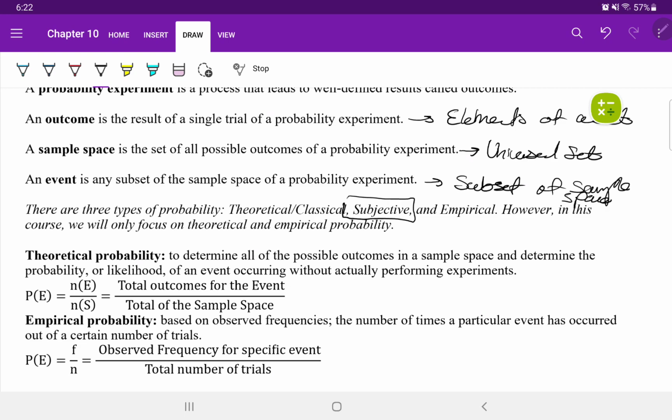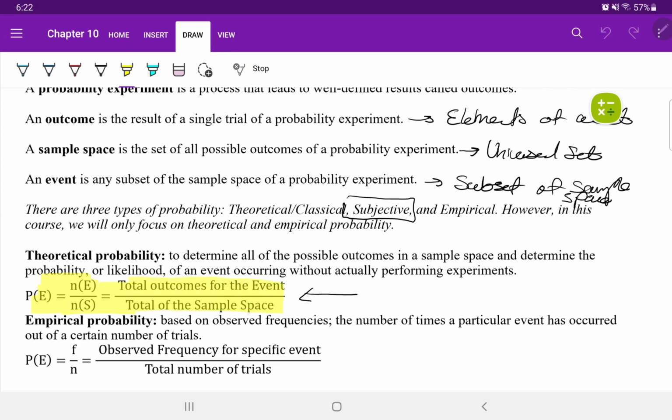To find the probability of an event using the theoretical probability formula, we're going to use this formula down here. The probability of an event, P of E, equals N of E, which is the total outcomes for the event, divided by N of S, which is the total of the sample space. I want you guys to get comfortable with this notation right here.